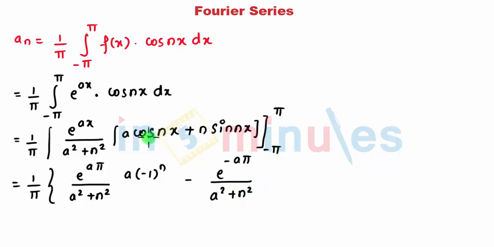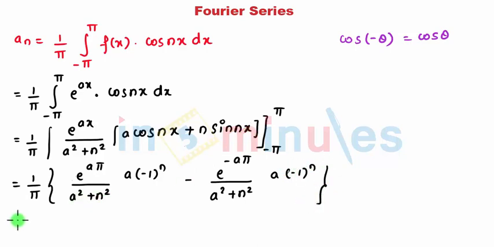Cos of minus n pi is cos of minus theta, and we know cos of minus theta is nothing but cos theta, so it's not going to affect here. So cos n pi again comes to be minus 1 raised to n. When you put lower limit minus pi here, sin n pi is again 0.